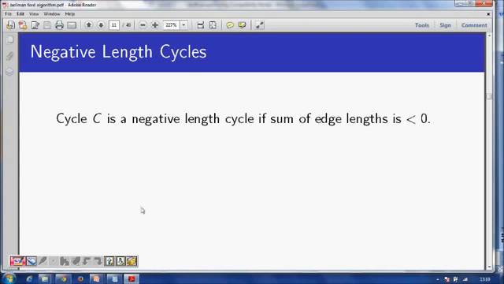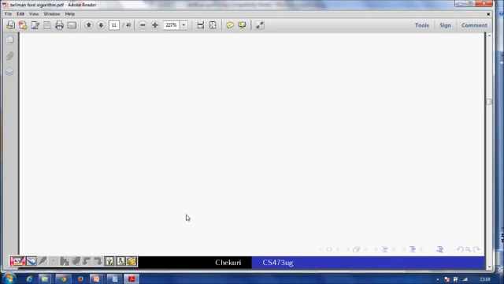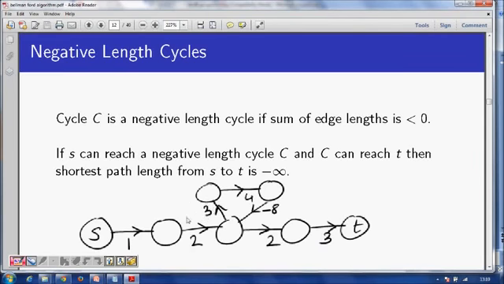Now let's try to see some negative length cycles. Cycles are kind of a special case. If you have a negative length cycle, with total weight less than 0, then this will destroy the shortest path, and in that case your shortest path will be minus infinity.